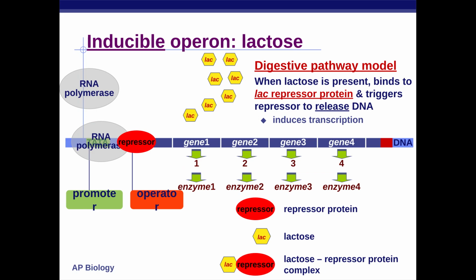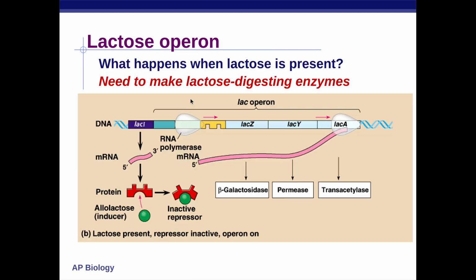In an inducible operon, it's the other way around. Here the genes are usually turned off because of the repressor, which is produced by a gene which is upstream. There is a gene here called Lac. There are three genes involved in the catabolism of lactose: LacZ, LacY, and LacA, which create different proteins, all part of the lactose catabolism pathway.